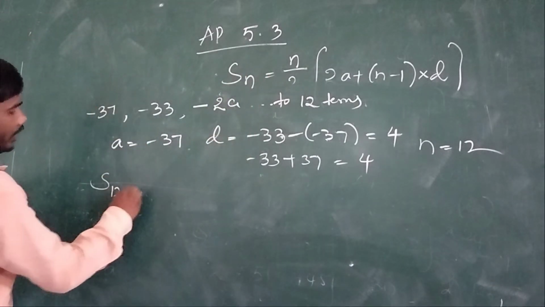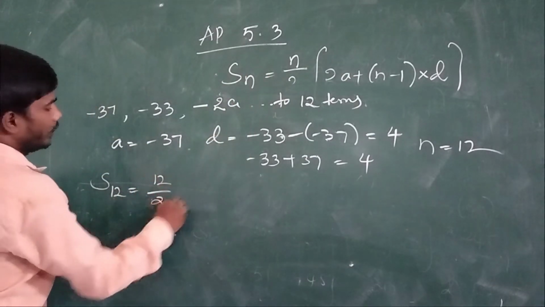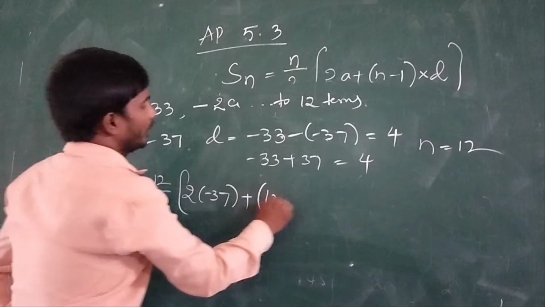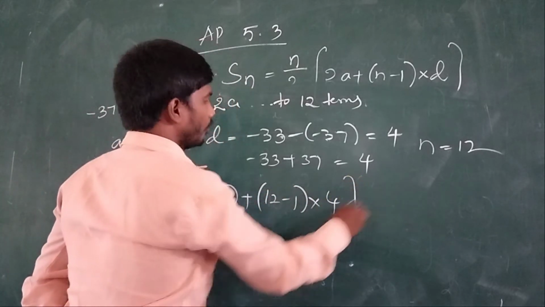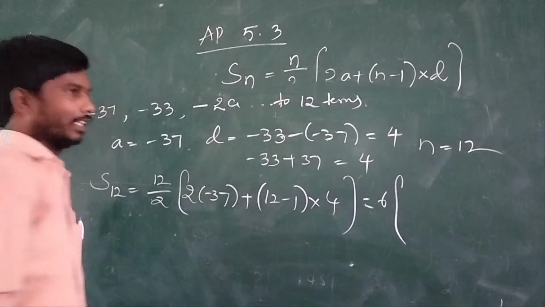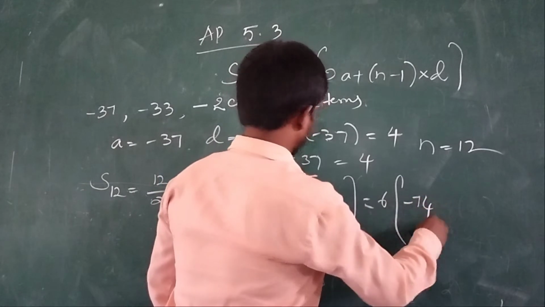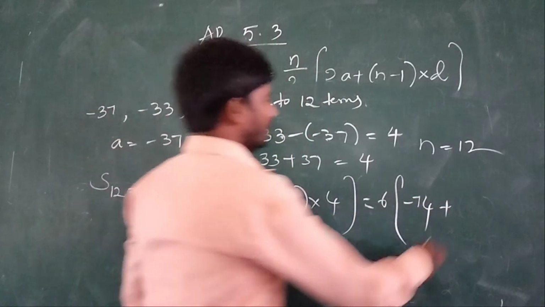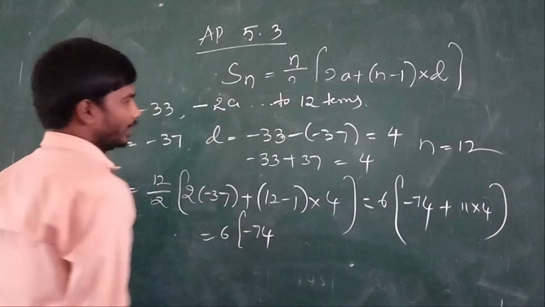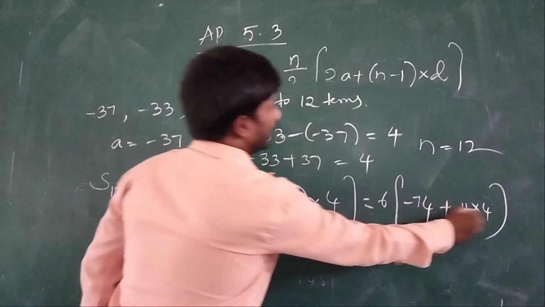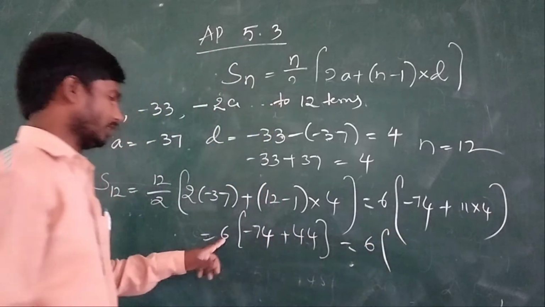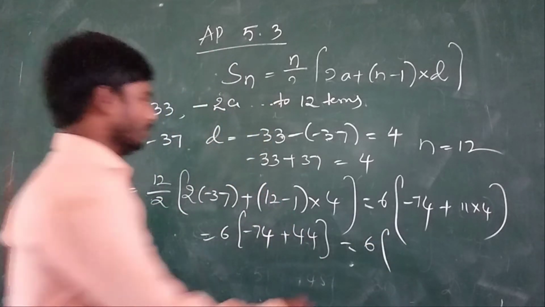S12 is equal to n by 2, 12 by 2, into 2a, 2 into minus 37, plus n minus 1, 12 minus 1, into d, which is 4. And n by 2 is equal to 6. So 6 into minus 74 plus 11 into 4, which is 44. 6 into minus 74 plus 44, minus 30.